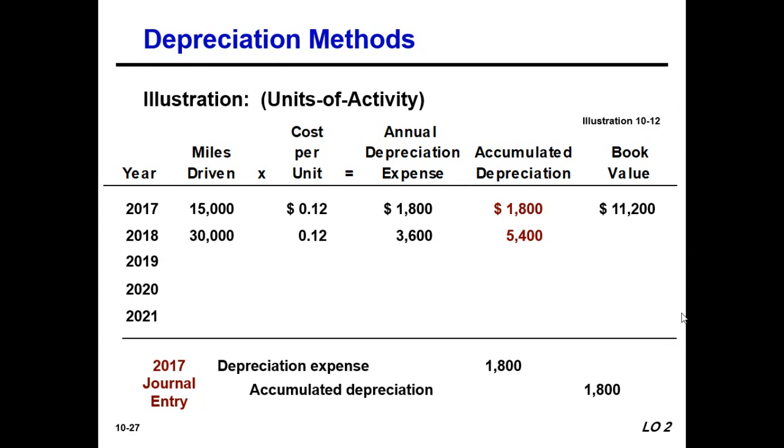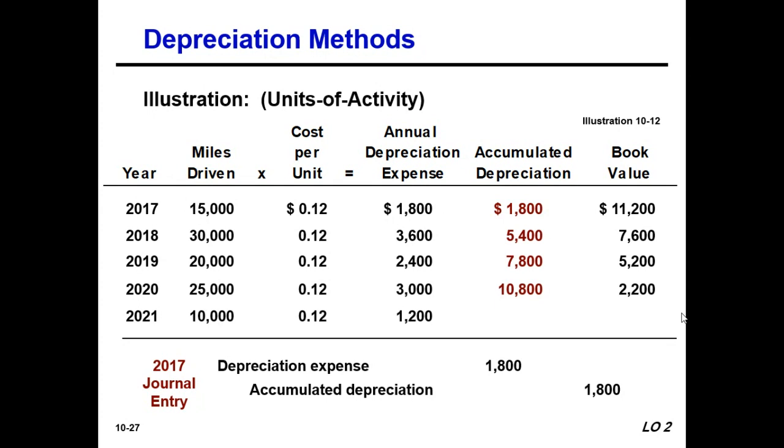Book value will be 13,000 minus 5,400, and then we continue like this until the last year. As you can see, in the last year the depreciation is 1,200, and the book value is 13,000 minus 12,000, which becomes 1,000. So book value and salvage value are the same. Is it clear?